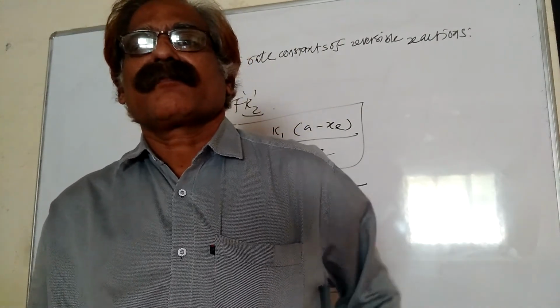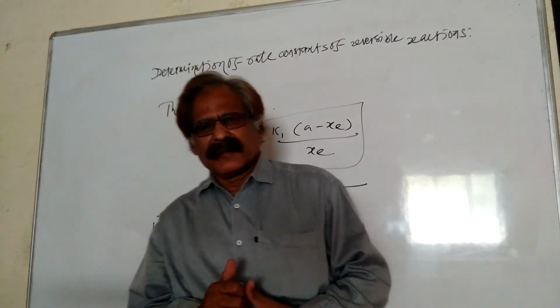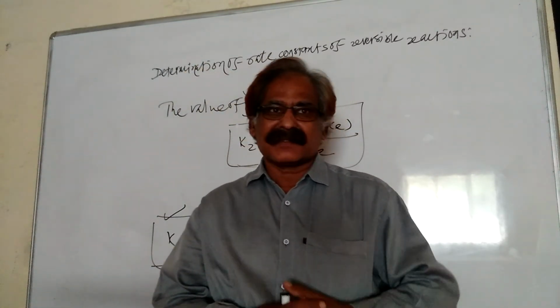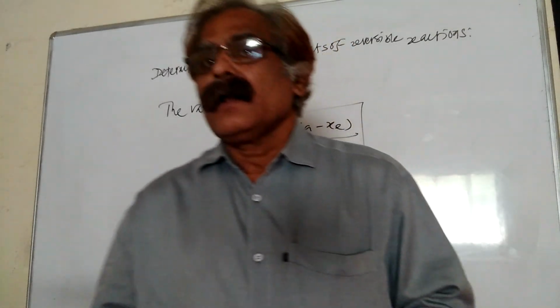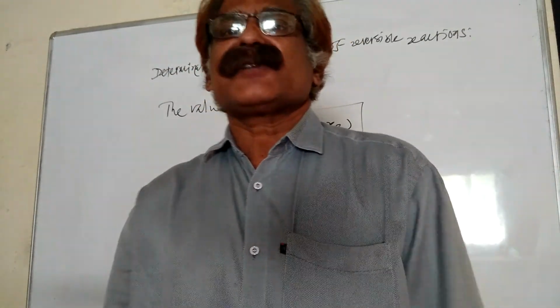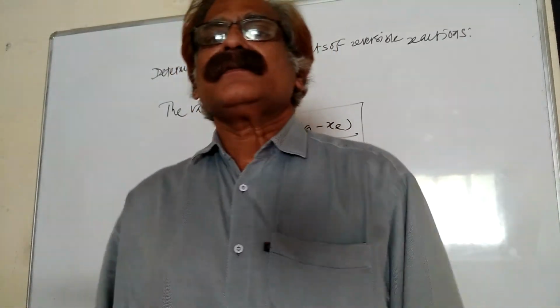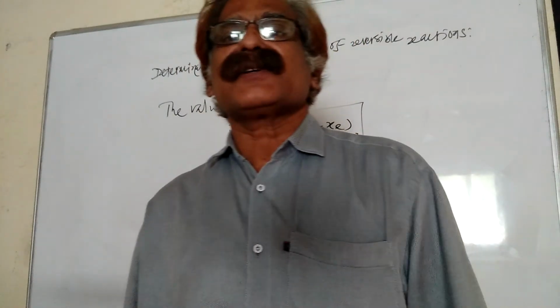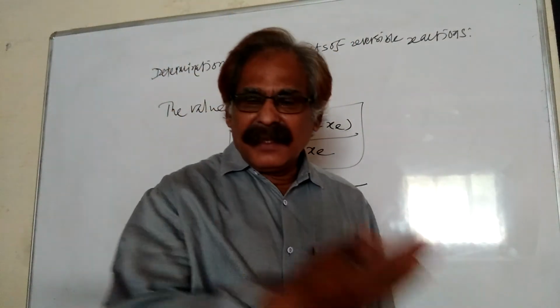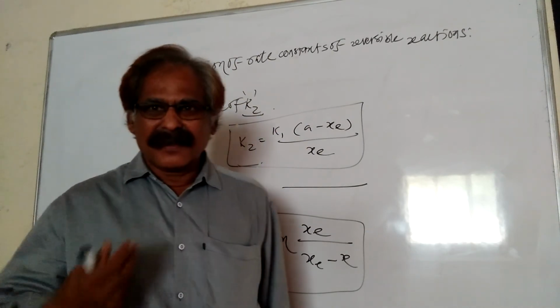With this, I hope you have understood what reversible reactions are and how we can derive an expression for the rate constant of the forward reaction taking place in a reversible reaction and the rate constant of the backward reaction.